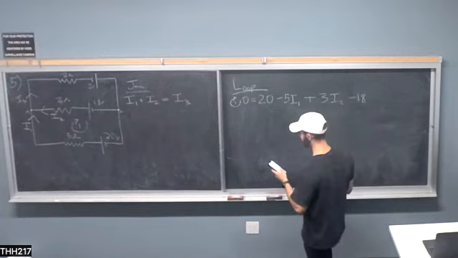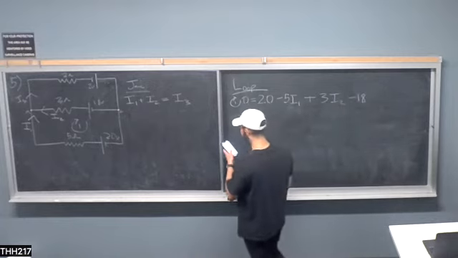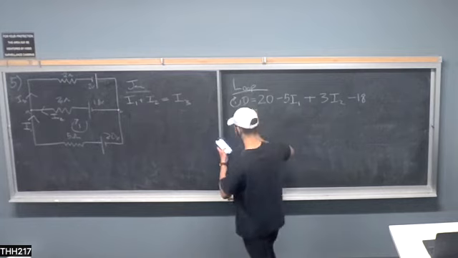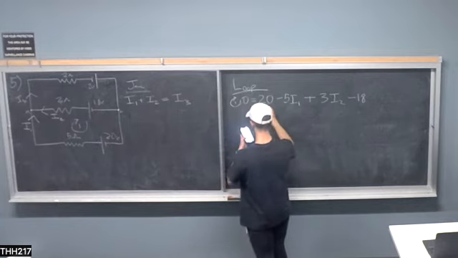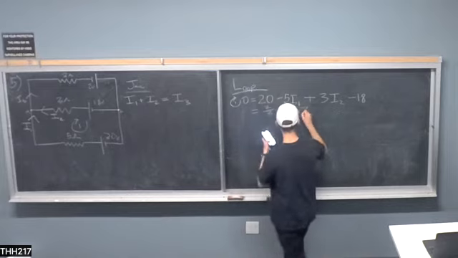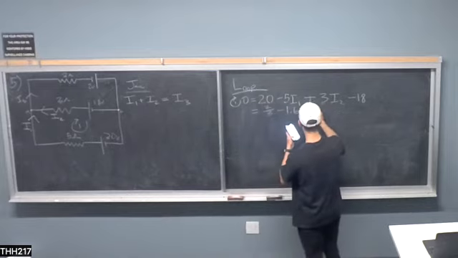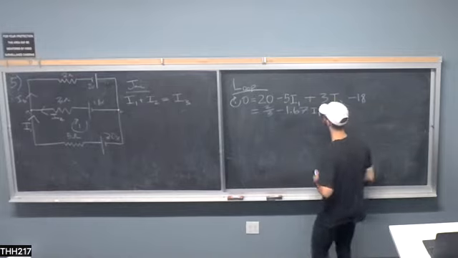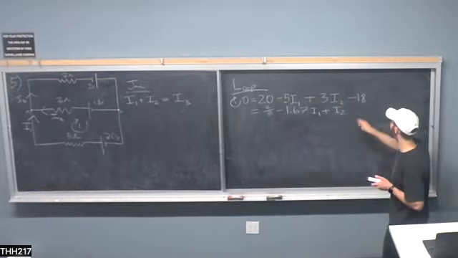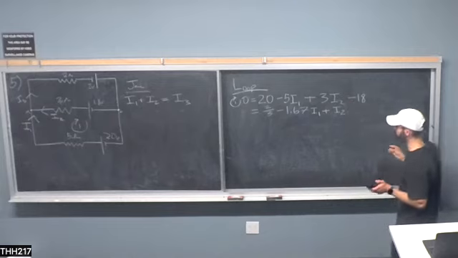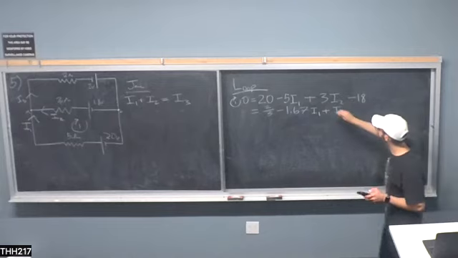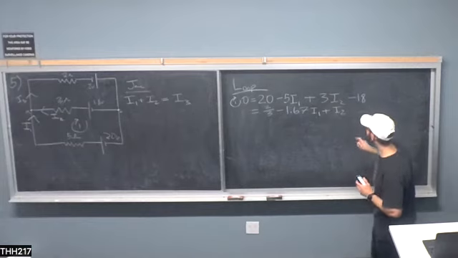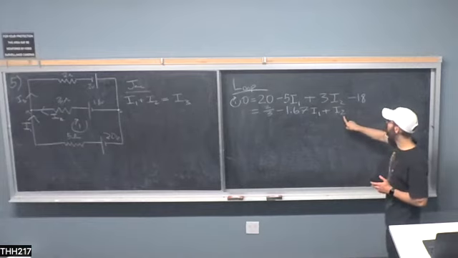We're going to clean up this expression, and what we're going to have left is 2 over 3 minus 1.67 I1 plus I2. All right, there's a little trick here. I did 20 minus 18, which is equal to 2. The next thing I did is divide everything by 3, so I can easily set this whole thing in terms of I2.